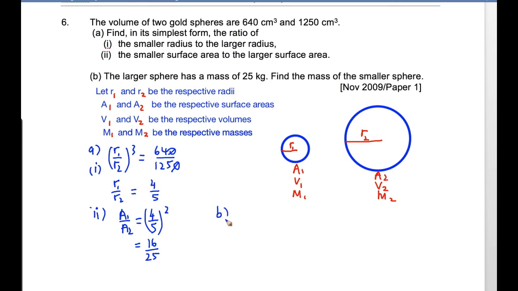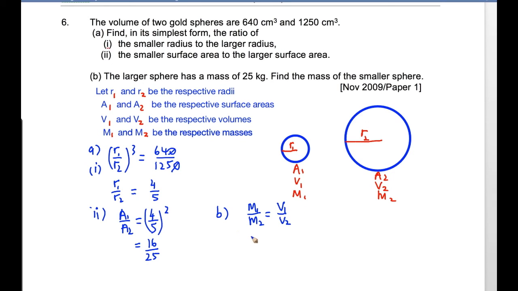In part B, we need to find the mass of the smaller sphere. As we have learned, for similar figures, the ratio of masses is simply equal to the ratio of volumes.